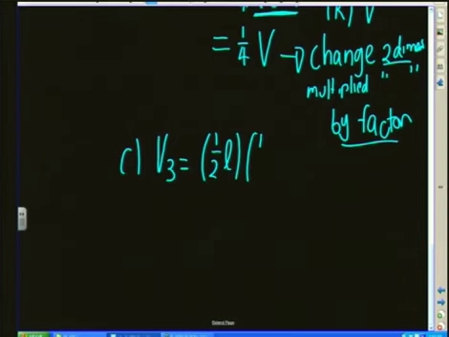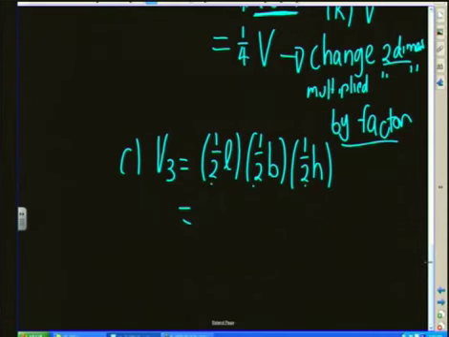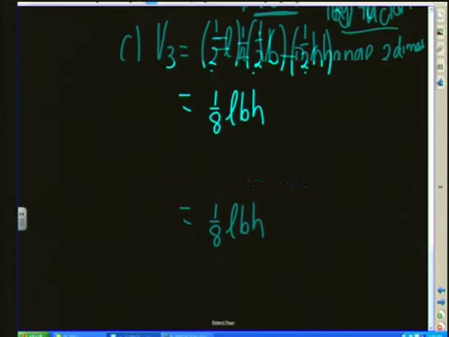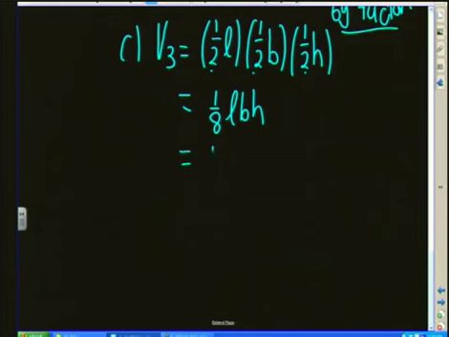The new breadth is a half the original. And then the new height is a half of the original height. So the new volume, a half times a half times half, is going to be an eighth of the original volume. Okay, so this is going to be an eighth of the original volume V.